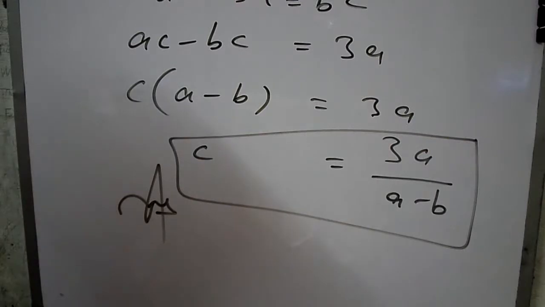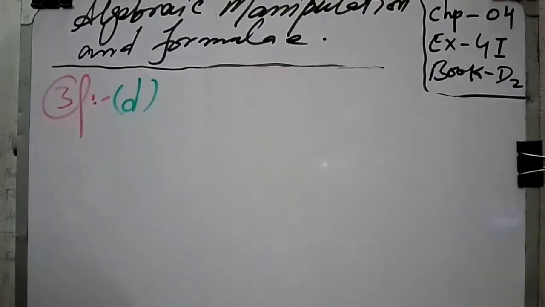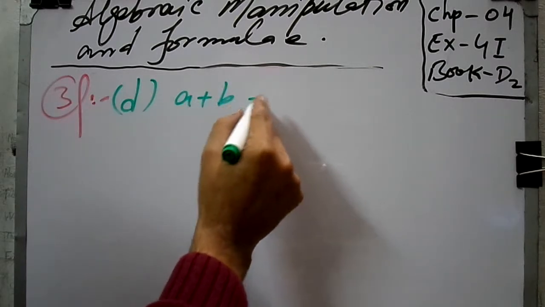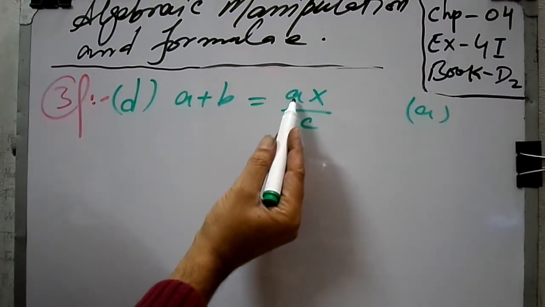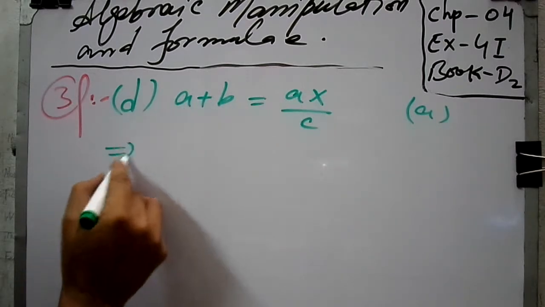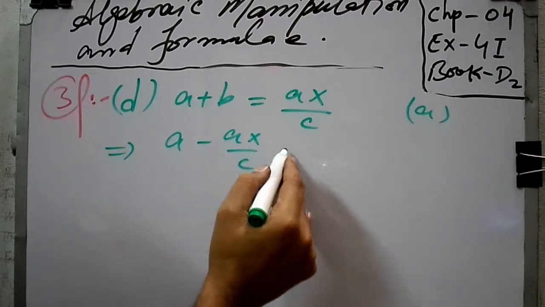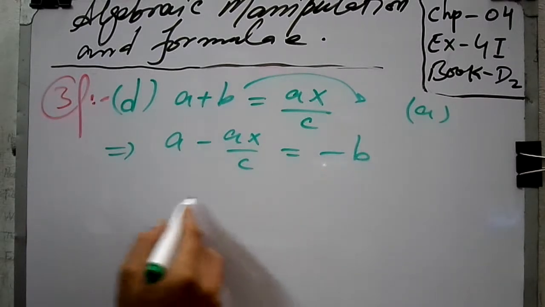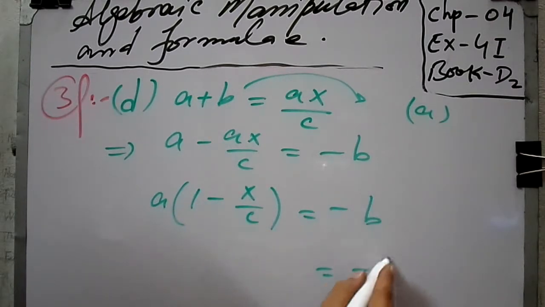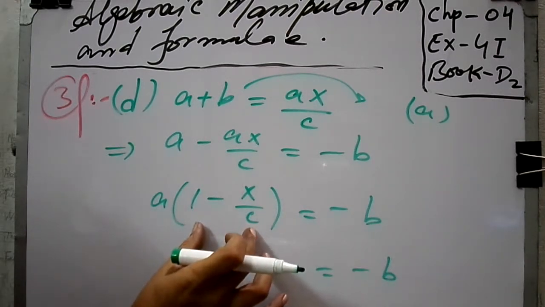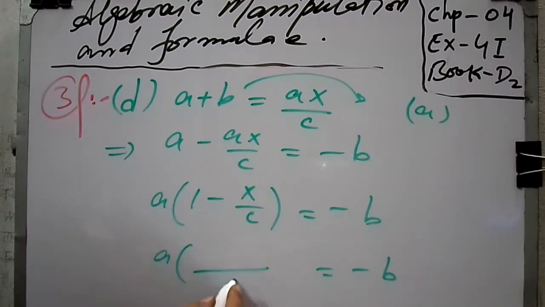Now coming to the D part. In D part you can see here A plus B is equal to AX divided by C. Here you have to make A the subject, so once again you can find two terms with A. The similar A terms should be shifted to one side, so AX by C is equal to A, and this B will be shifted here, so it will become minus B. So taking A as common, you will get A into 1 minus X by C equals minus B, but you need the value of A, so it is better to take LCM here to simplify, that is CX, and you need the value of A by using cross multiplication.